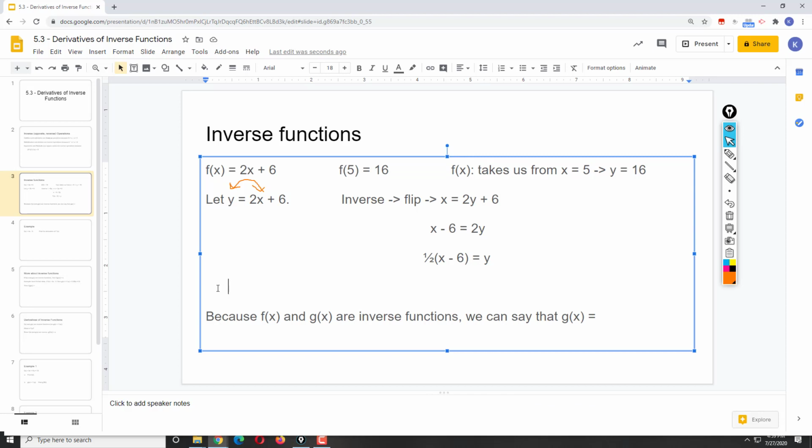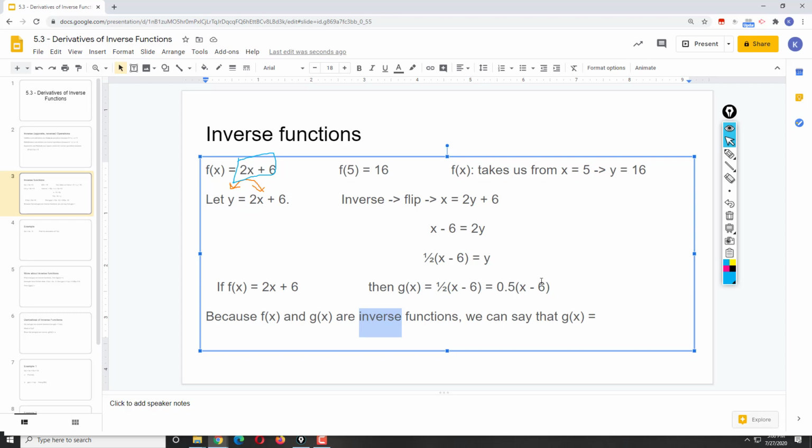What we can say from this is that if f of x is equal to 2x plus 6, which is what we started with, then we can say that g of x, which equals 1/2 of x minus 6, or 0.5 times x minus 6, same thing, we say that f of x and g of x are inverse.